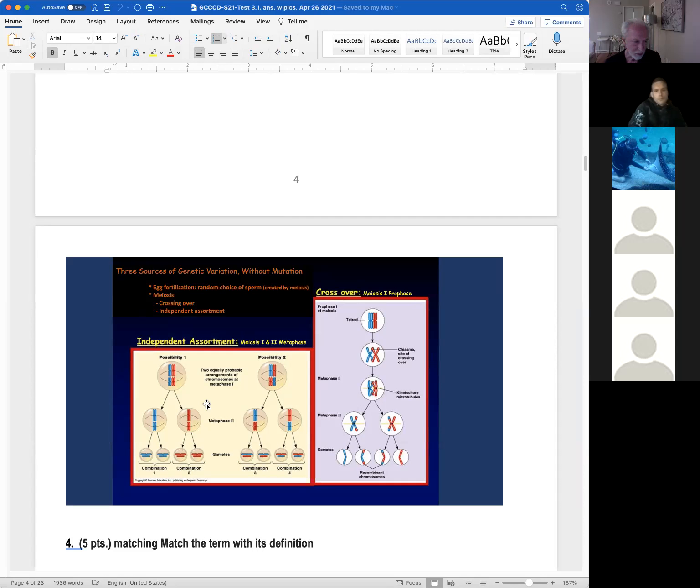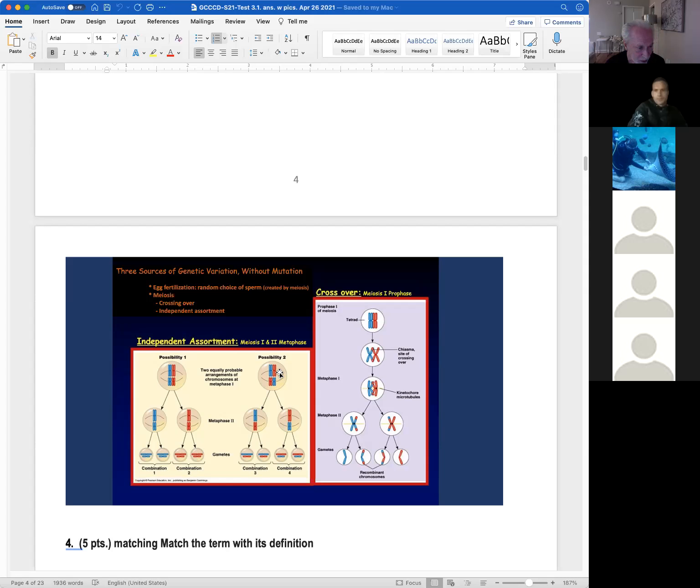So again, if you look at the diagram on the left, you can see starting out with red and blue chromosomes, one possibility is that you end up with nothing but red and blue chromosomes.